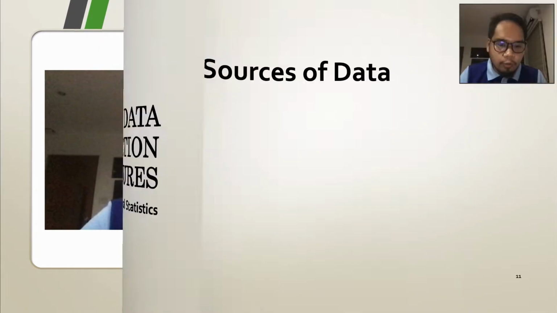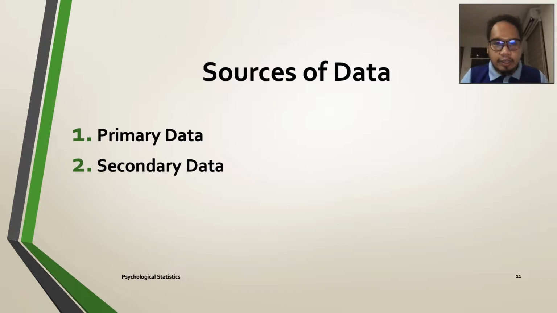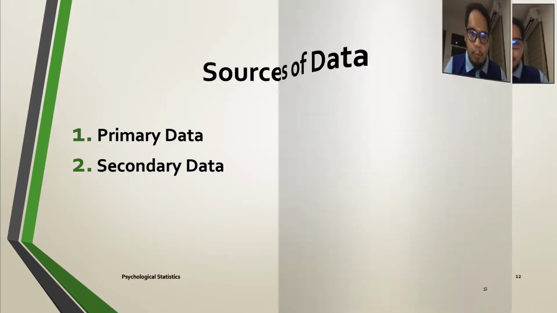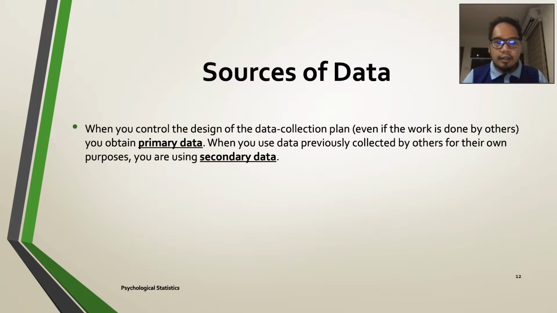So here goes. Before we go to the proper data collection procedures, we need to determine that there are two sources of data that can be considered. One is primary source or primary data, and we have secondary data here. So firstly, primary data are data that you, the researchers, collected yourselves.